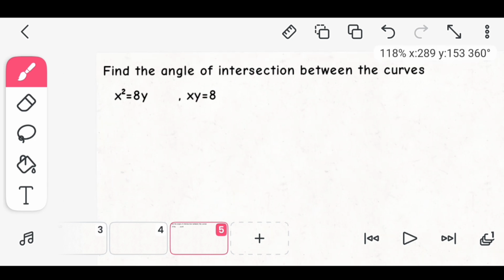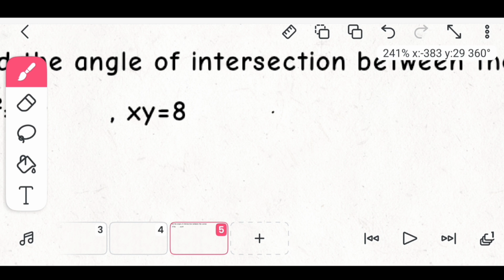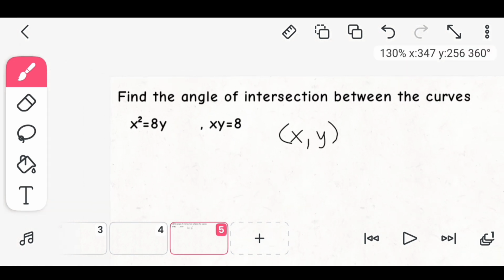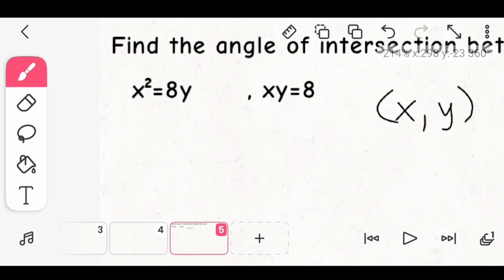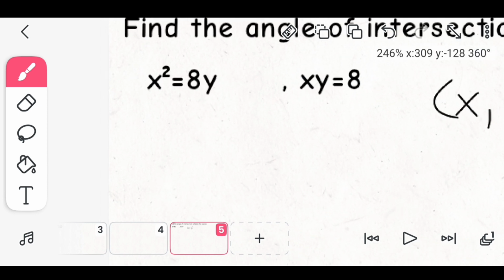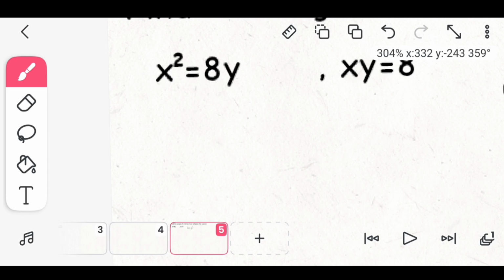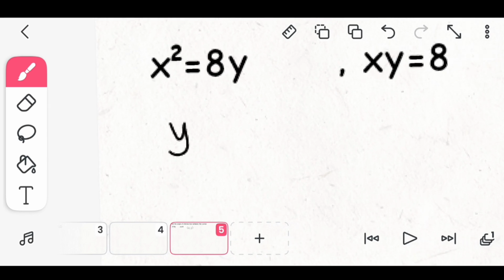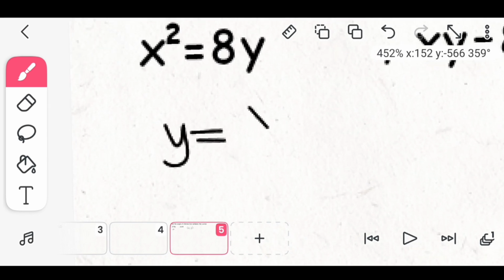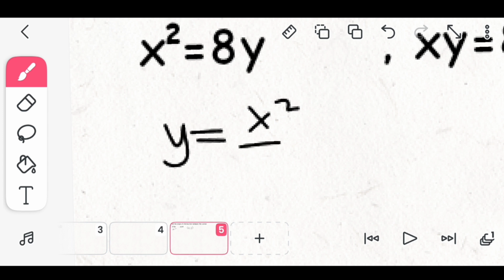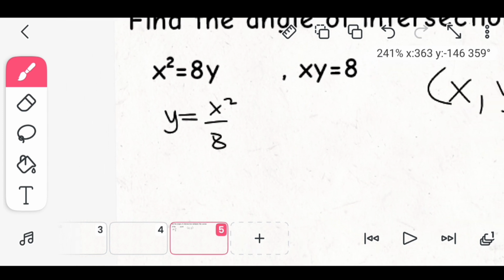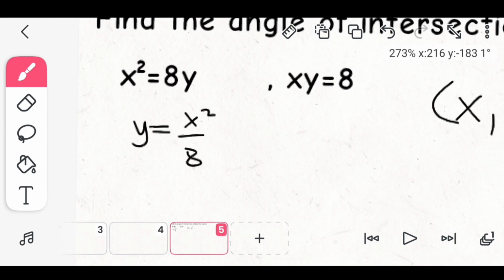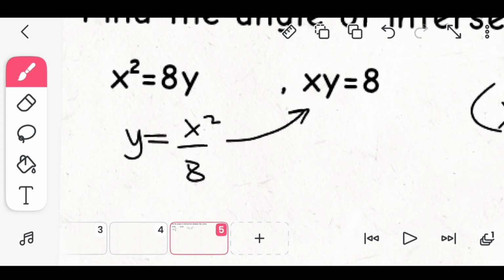Here's the example question. First thing we need to do is find the value of x and y. Let's use algebra to find the value of x and y. Let's divide both sides by 8. Then after that, we need to substitute the value of y here.